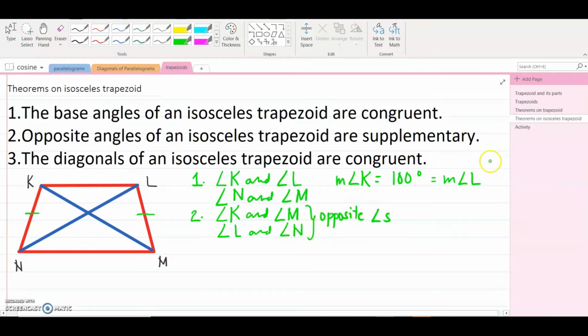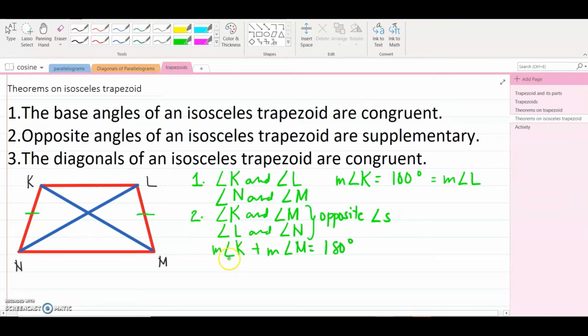So whatever the measure of angle K, since angle K is 100, you just get the supplementary angle of angle M. Okay? So if the measure of angle K is 100 plus the measure of angle M, since we're referring to supplementary, that is equal to 180 degrees.